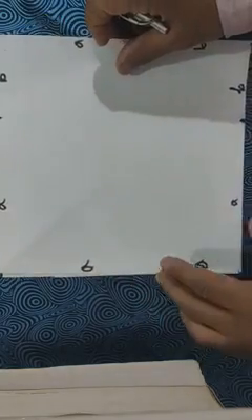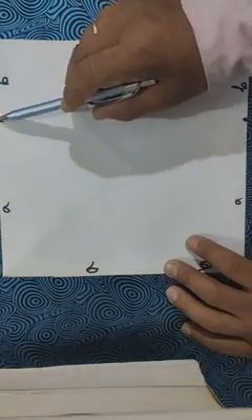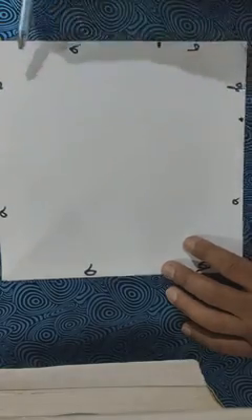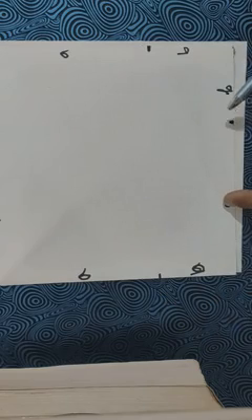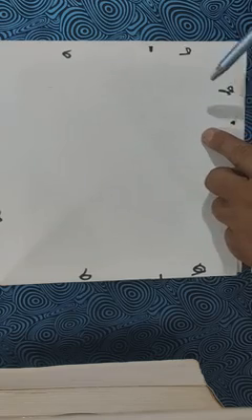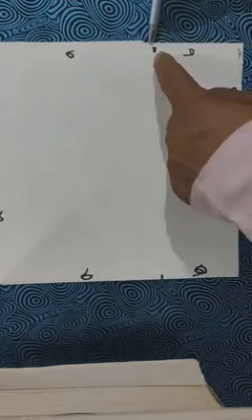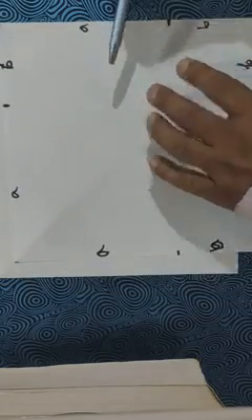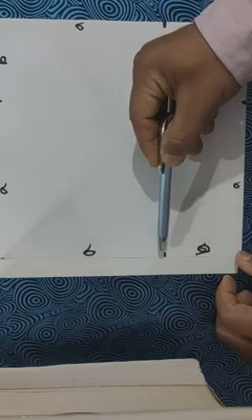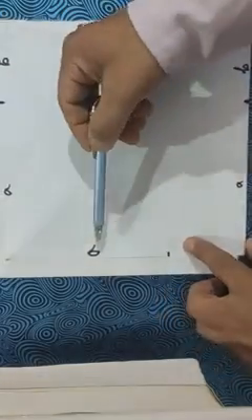After that, you have to mark some points on the paper such that the distance of this point from this corner is A and the distance of the same point from this corner is B. Similarly, mark one more point here such that the distance from this corner is A and from this corner is B. Similarly, on this side mark another point such that the distance from this corner is B and from the upper corner is A. Similarly, on this side, one more point such that the distance from this corner is B and from the upper corner is A.